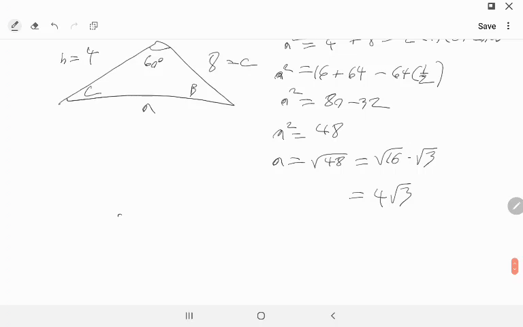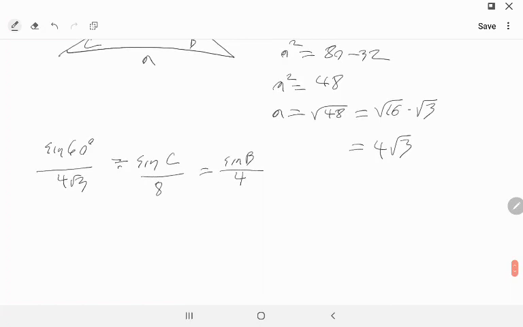So we now know that if we take sine of 60 divided by 4 root 3, that has to equal sine of capital C divided by 8, and that has to equal the sine of capital B divided by 4.